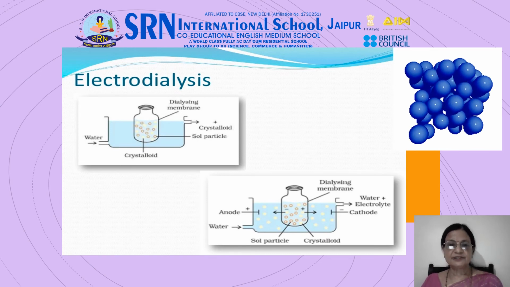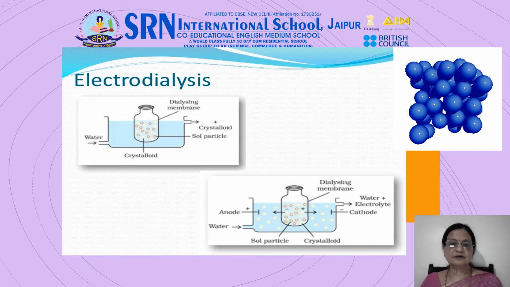Ordinarily, the dialysis process is quite slow. So it is made faster by applying an electric field. For that, electrodialysis is done. This electrodialysis is used when the substance in the colloidal solution is only an electrolyte.